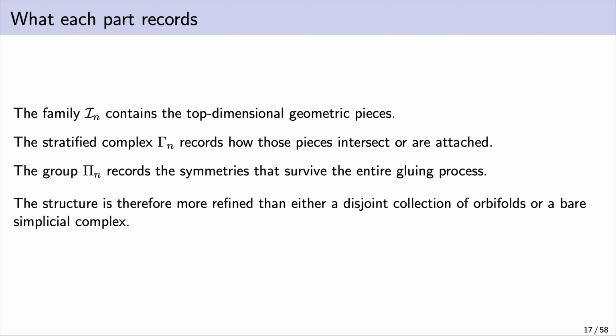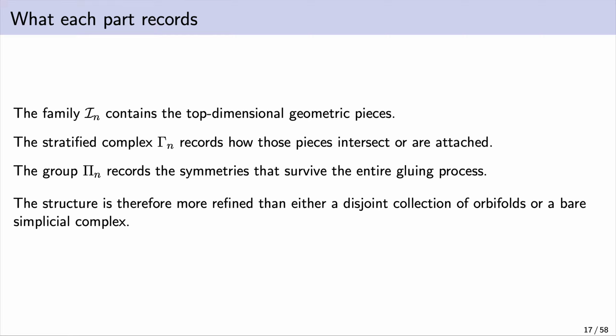So, what each part records. The family IN records these top-dimensional geometric pieces, for example in I3, so n equals 3, we're going to have orbifold or cone manifold surfaces, and we're going to glue them together according to the equivalence relations that gamma prescribes.